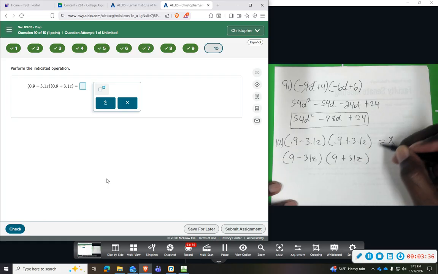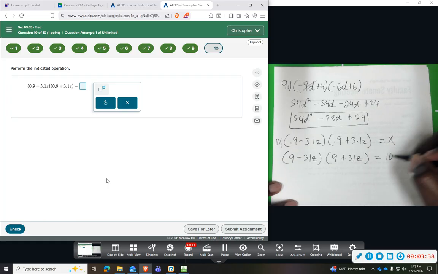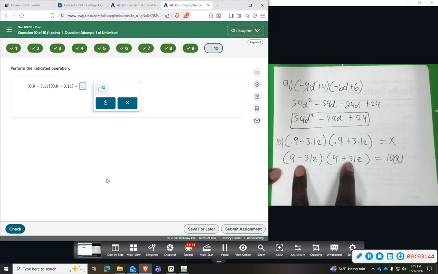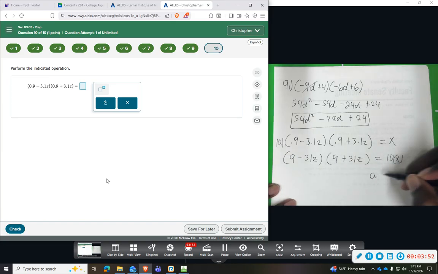Okay, and what I did is I multiplied whatever the answer is times 10. So I'm putting this 10x here, so I multiplied by 10. What we want to know here, there's a difference of squares. There's a special formula called difference of squares, and that says if you have a squared minus b squared, so difference of two squares, that's the same as a plus b times a minus b.